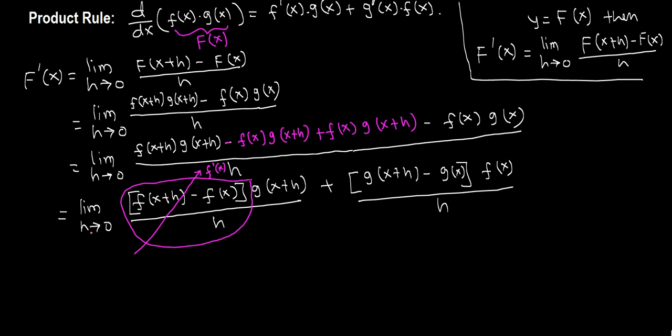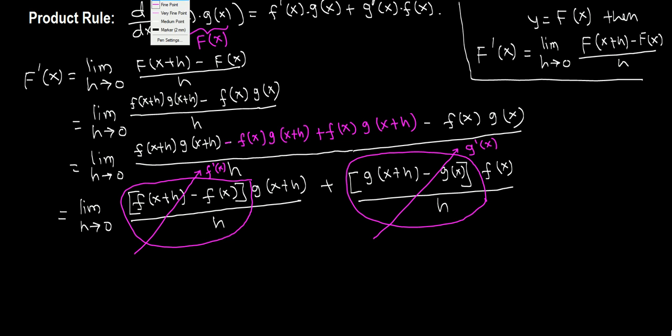And when we replace h by 0, then this becomes g(x). And this limit is for this fraction as well. And same thing like this one. If we replace this uppercase F by g, we would get g prime of x. So this one goes to g prime of x, and f(x), there is no more h.